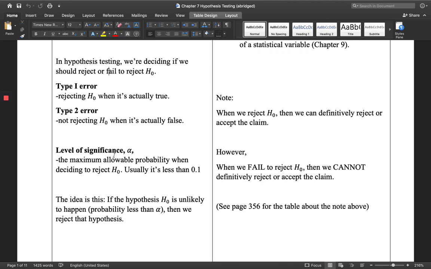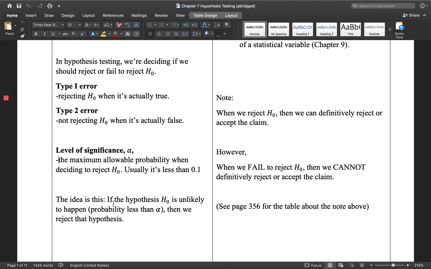Now, the next term, level of significance, this is focusing in on type 1 error. It's the maximum allowable probability when we decide to reject H naught or not. And typically it's going to be less than 0.1. So in other words, 10% or less. A lot of times it's going to be 5% or even just 1%.